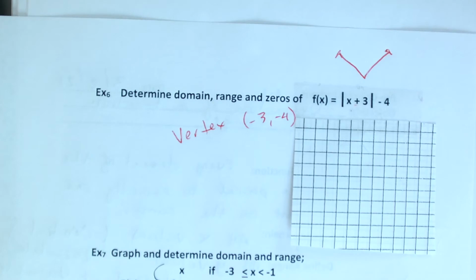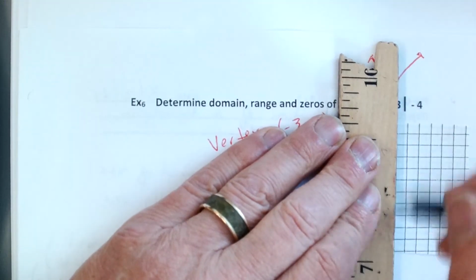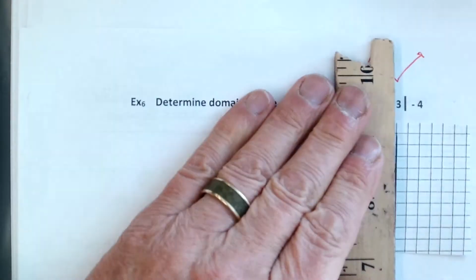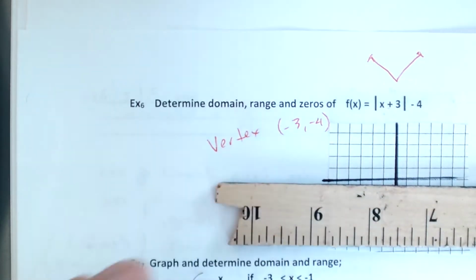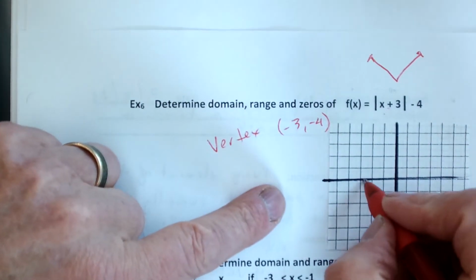We've talked about this quite a bit. You can also graph this on the calculator, and I'll show you in a second, okay? So give me a moment. Okay, so my absolute value function looks like this.